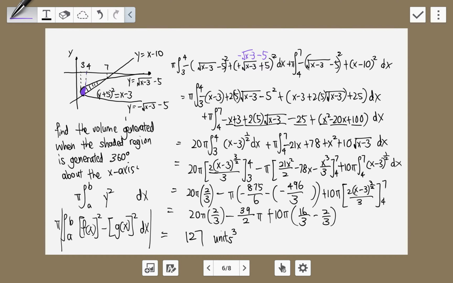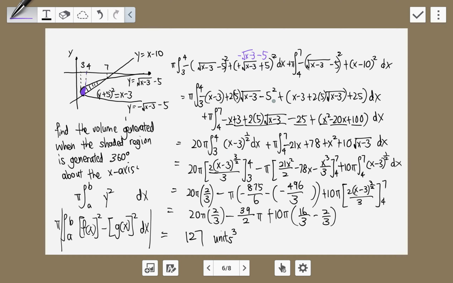It's pretty straightforward. When I try to integrate this part, it also simplifies to something like this, and I integrate and get to this and this. So it is not very difficult if you were to integrate.